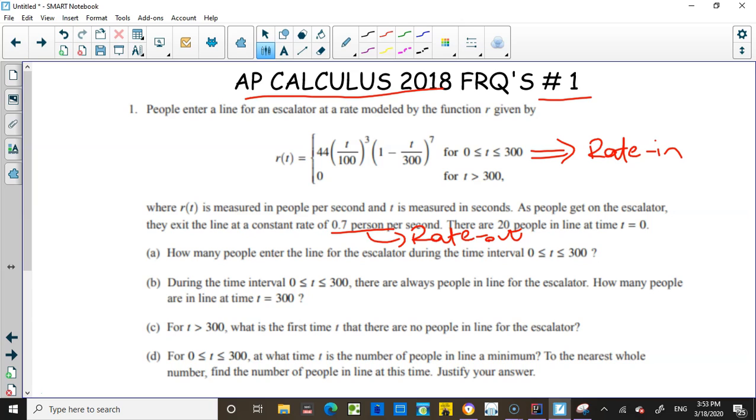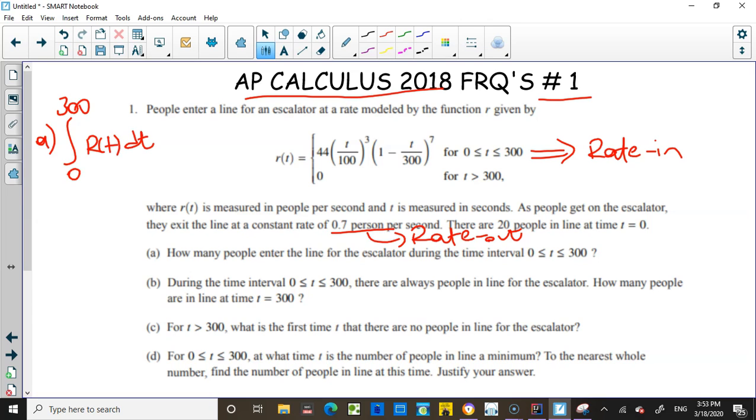How many people enter the line for the escalator during the time interval? So this is going to be an accumulation problem, and we're focused specifically on the rate-in function, r of t. We're going to calculate this definite integral, from 0 to 300 of r of t dt.